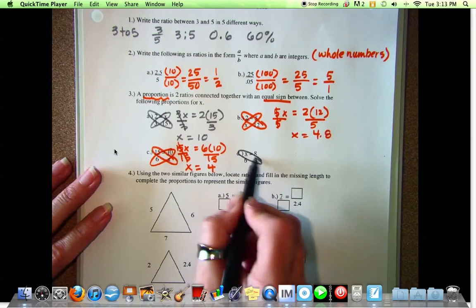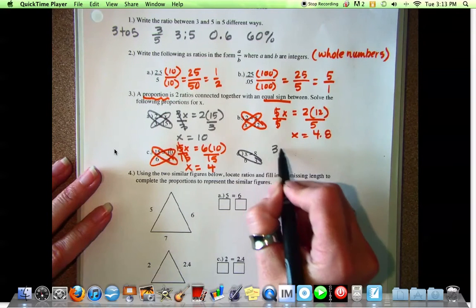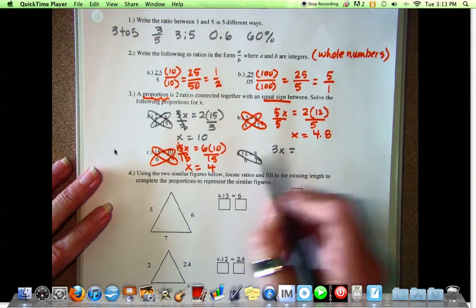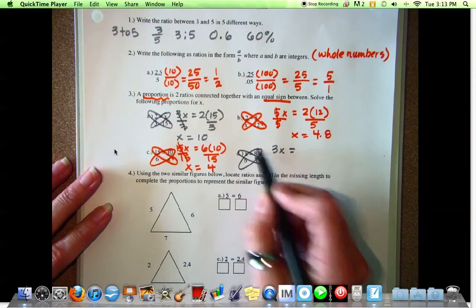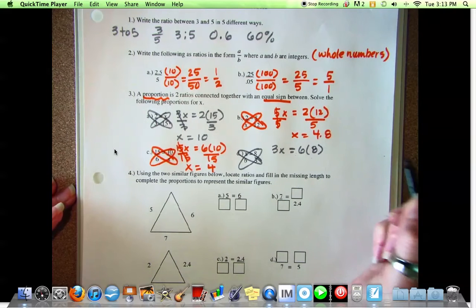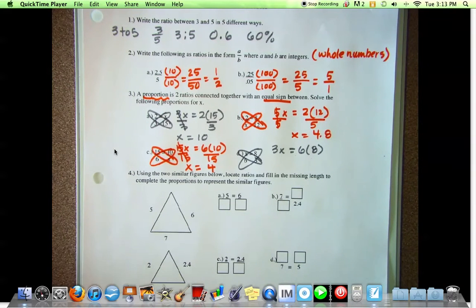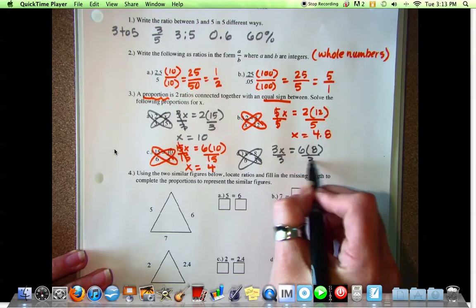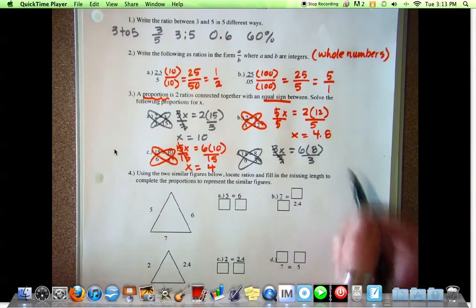D, 3 times x, write down the equal sign, 6 times 8. You want to get x by itself, so you divide both sides by 3. 3's cancel on the left.